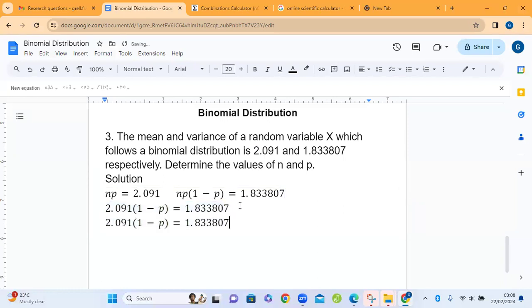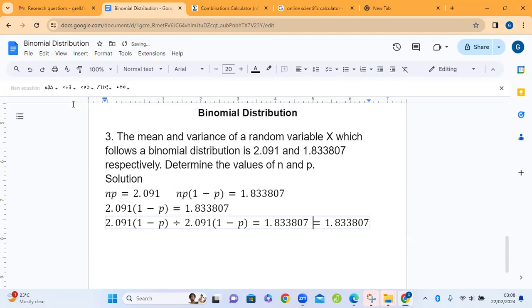For p, we need to cancel out 2.091 from the left side by dividing by 2.091. If we divide by 2.091 on the left, we've got to divide by 2.091 on the right.